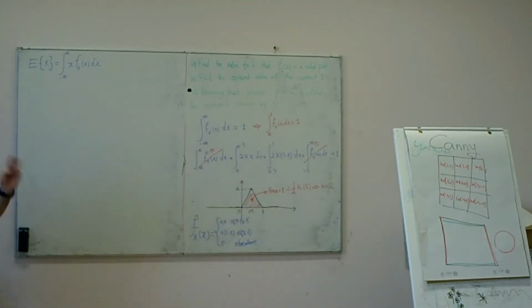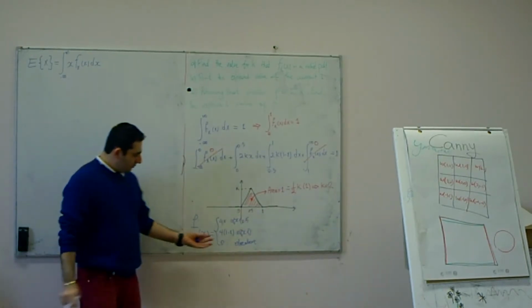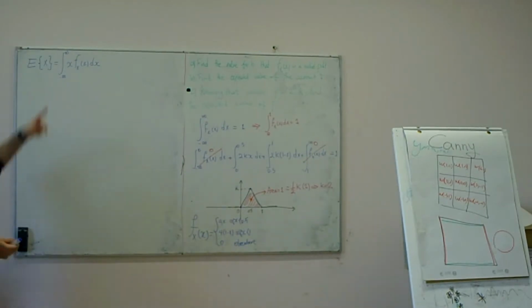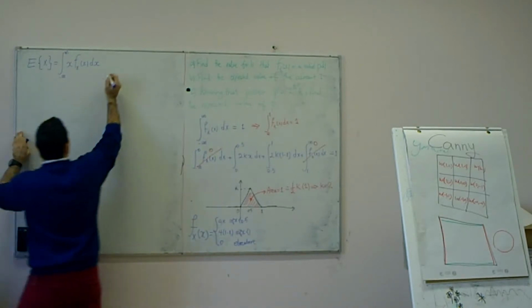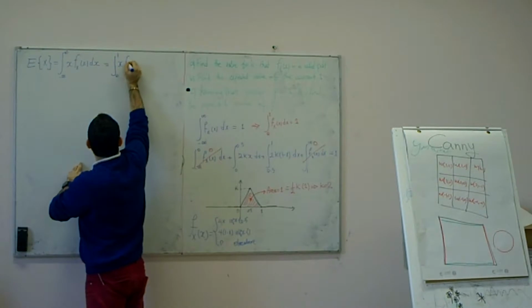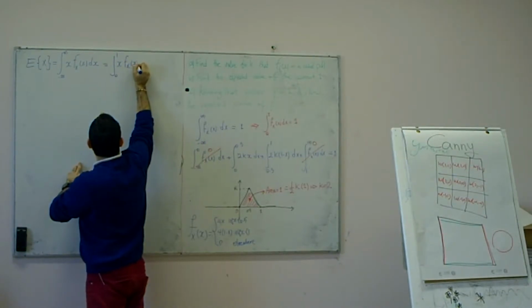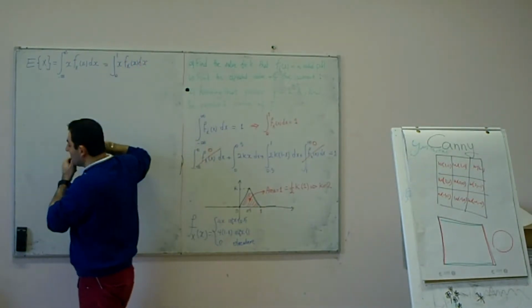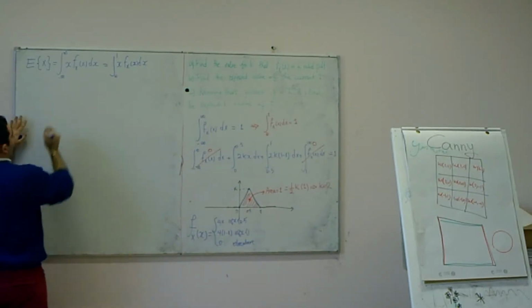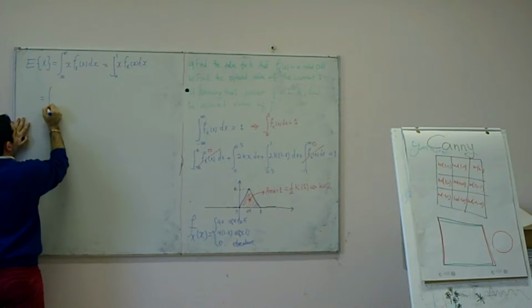Now, we know that f(x) is 0 if we are less than 0 or greater than 1. So it means that this integral will be broken into a smaller integral. It will be the integral from 0 to 1 of x f(x) dx.